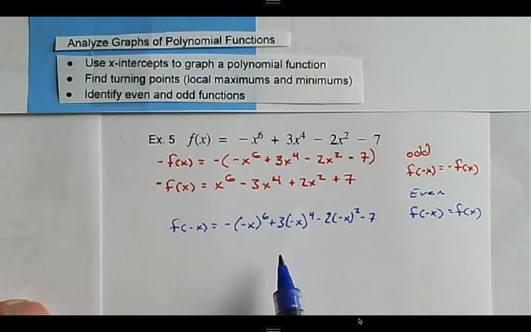All we did was substitute a negative x for all the x values, and then let's see what happens.